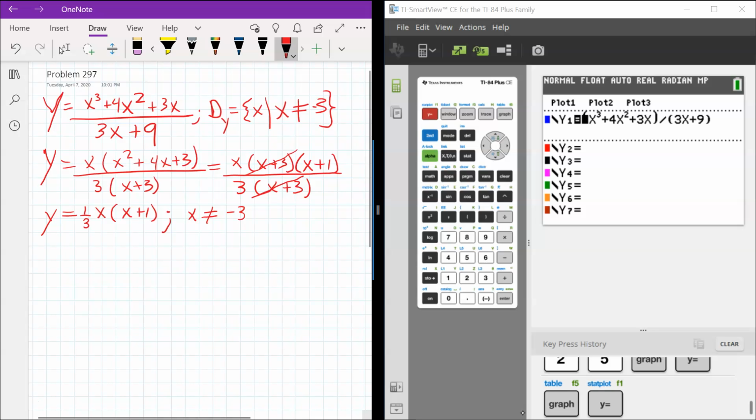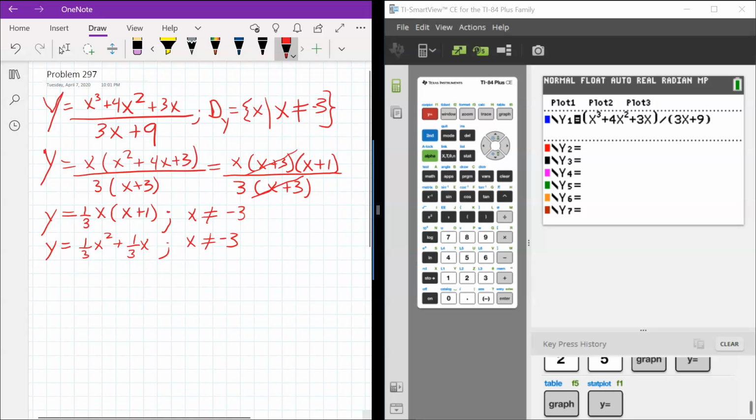You can go ahead and distribute the x if you want. So the function is going to be 1/3 x squared plus 1/3 x, and x can't be -3.